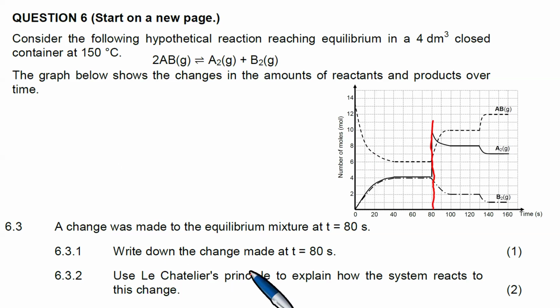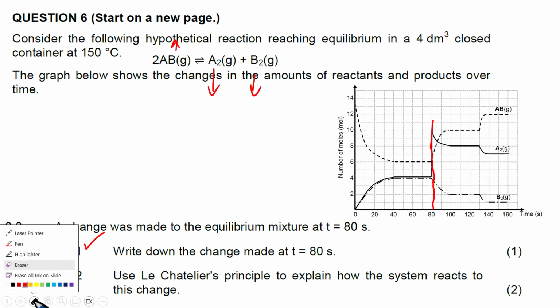I write down the change because these are gases, at a temperature of 150 degrees Celsius. What was the change that suddenly increased this one and decreased that? Okay, so there was a change that decreased A2, decreased B2, but increased AB.